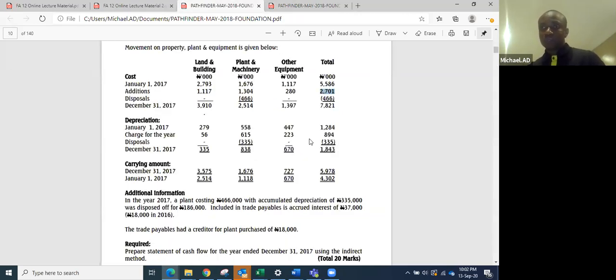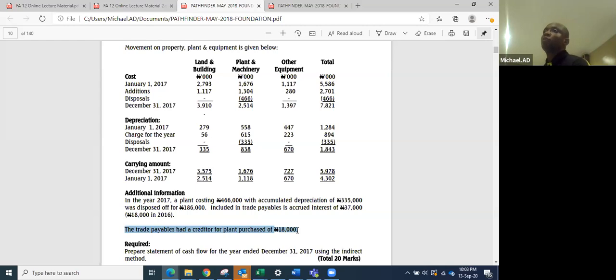What then happens? Because there is actually something that happened. The trade payable had a creditor for plant purchases of 18 naira. So when we purchased this plant and machinery, probably we purchased it from one of our trade payables.